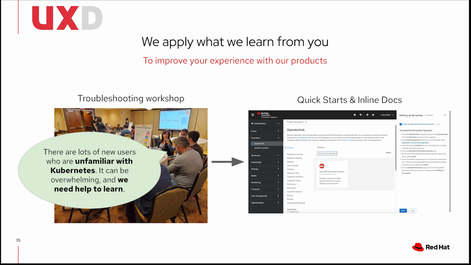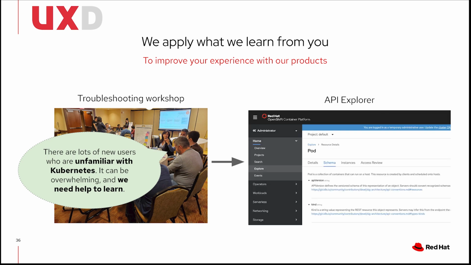Added quick starts and inline documentation for operators and operands to help you make use of the capabilities in the platform as well. And even an API Explorer, so that if you're in a totally disconnected environment and don't have access to documentation, you can browse the documentation for each API and each resource in the console itself and see various examples and ways of constructing YAML too.